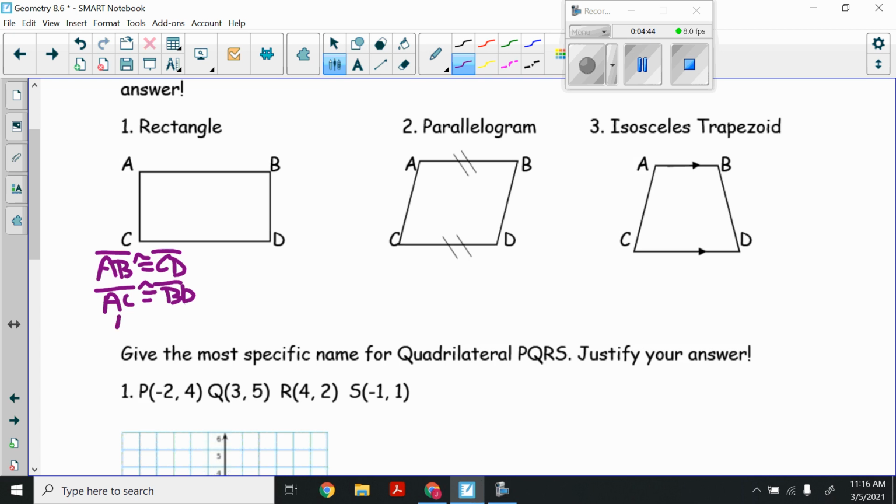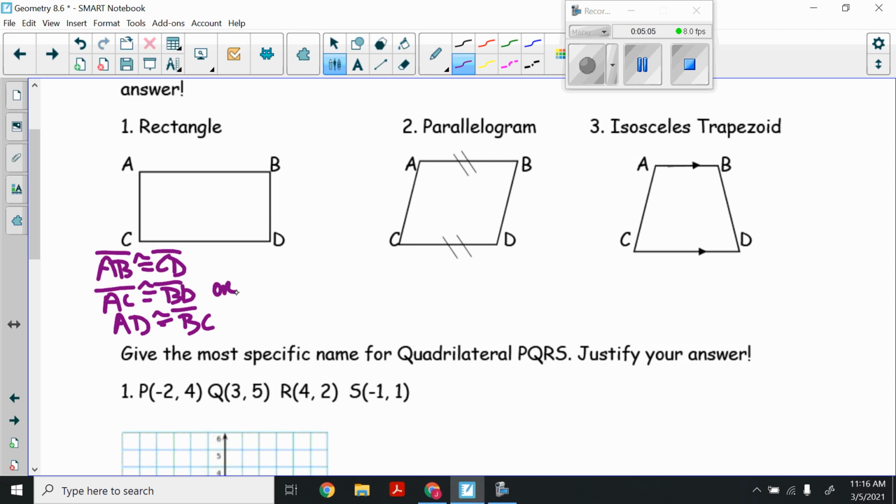So I would need either both pairs of opposite sides congruent or those diagonals congruent. Either one of those would be enough to explain that that is a rectangle.